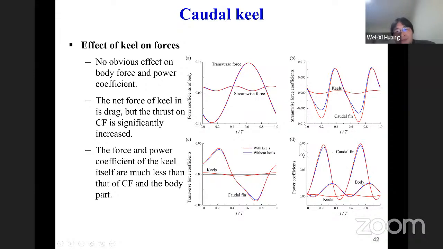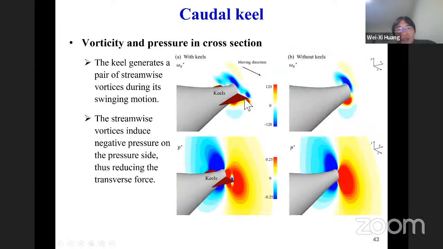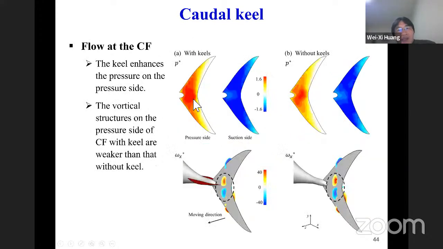caudal keel. To see the reason, we can see that with the caudal keel, there is a pair of vortices, and this may induce a low pressure region here, as compared with that without the caudal keel. So this will help to increase the thrust force. And then we check the pressure on the caudal fin.